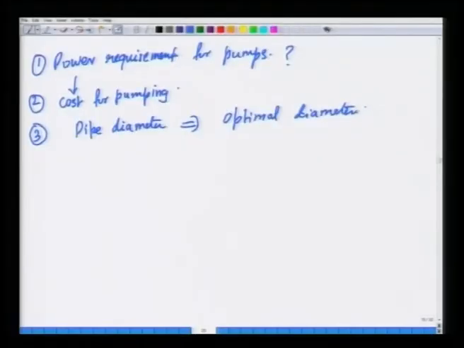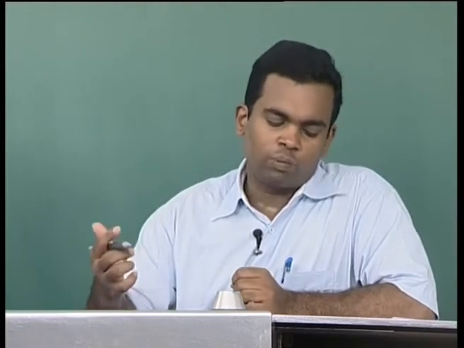Okay. We will of course discuss this in detail a little later, after we cover the fundamentals, but the point I want to make is that these are all questions that can be answered pretty much without detailed knowledge of the flow structure. There is enough information available to us, either from experimental data or from other theoretical considerations, that allows us to answer these questions without having to know in detail the flow pattern inside the pump, or the detailed nature of the velocities inside the pipe and so on.